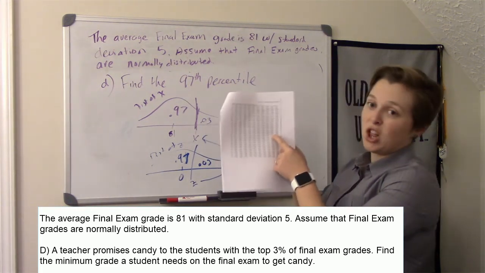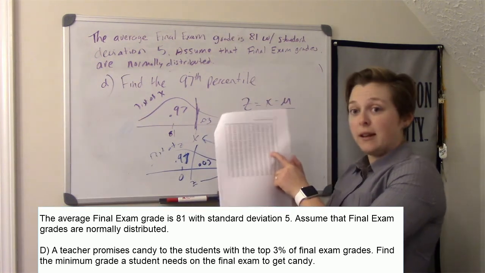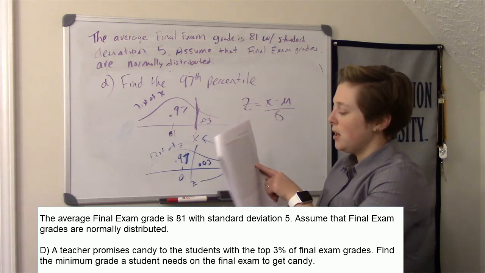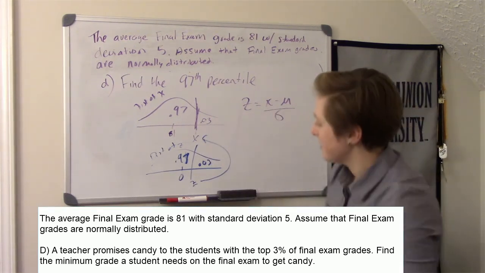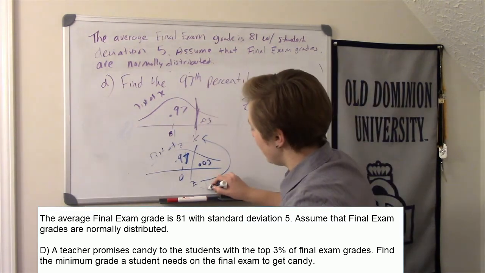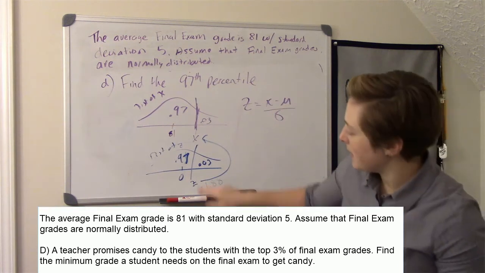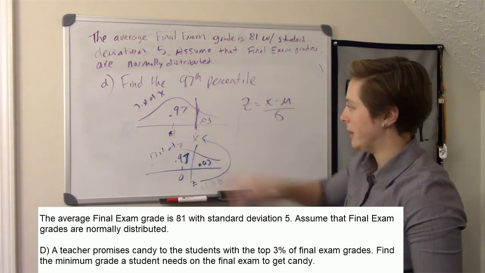Choose the value that's the closest. You're not going to get exact. Well, sometimes you do. If you get exact, that's great. If you don't get exact, choose whichever one is closer. So this is 1.88. And it's positive. That makes sense because it's in front of the 0. So by drawing it out, you make sure you're on the right track.